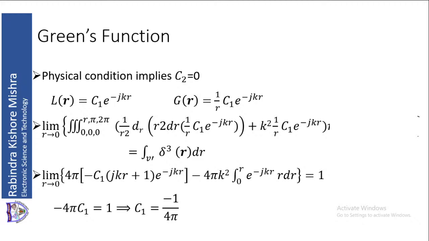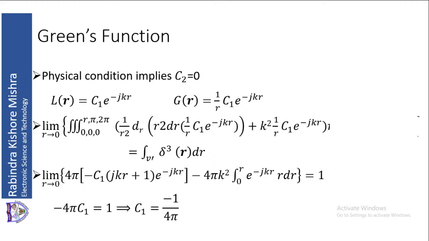Then integration over 0 to r gives us this much: minus c1 into (jkr plus 1) into exponential minus jkr. This is a simple integration that you can easily do, so we are not going to repeat it.